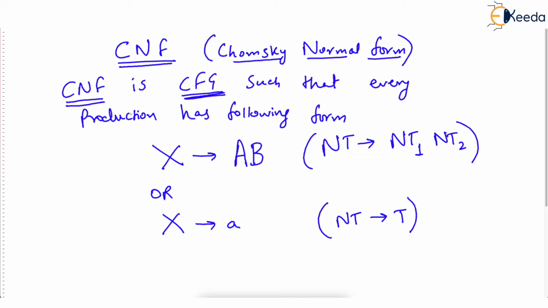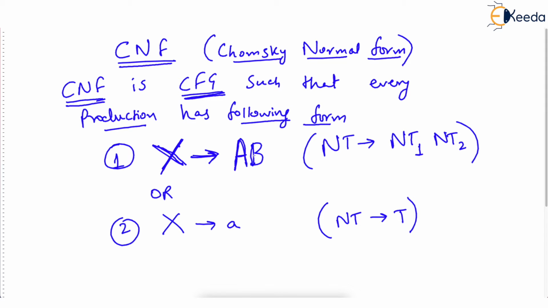Chomsky Normal Form has some rules that every production has following form. Whenever in CNF you write any production, it should have either this form or this form, where the first form says that a non-terminal like X derives exactly two non-terminals.